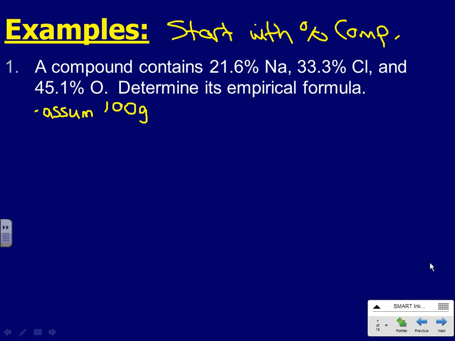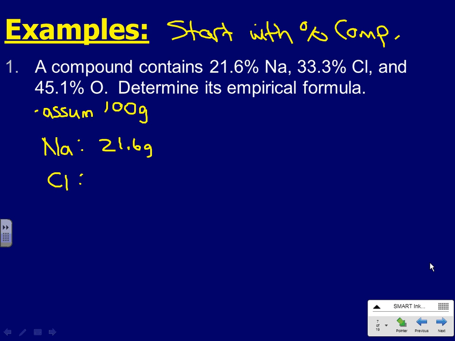So if I make an assumption, okay, I've got 100 grams of this stuff, then in terms of Na, what mass am I starting with? Yep, 21.6. I turn the percentage into grams, right? So that's the first step we have to do. 21.6 grams.